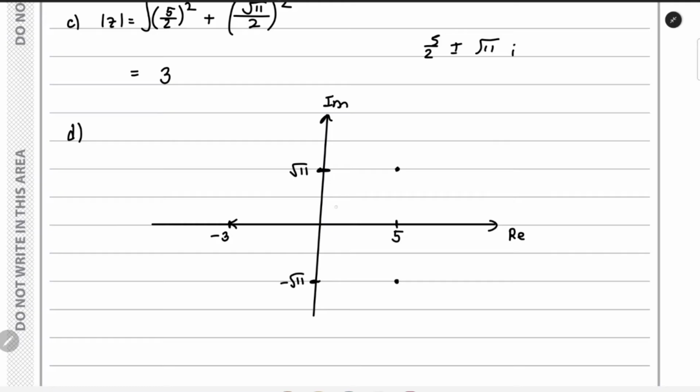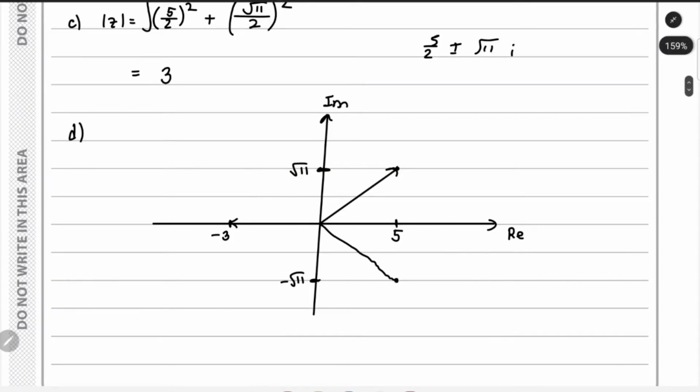These are the two values. These are the other roots. Draw an arrow up to them. So this is 5 plus i root 11 by 2. This is 5 minus i root 11 by 2.